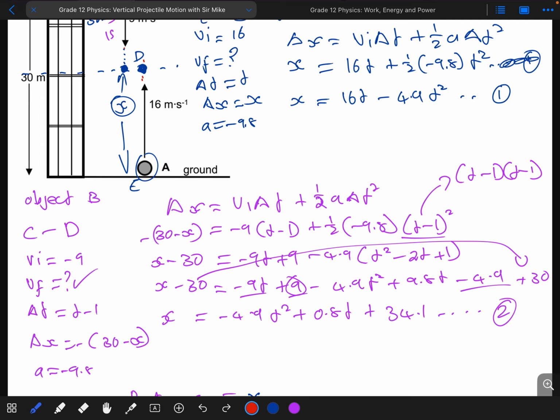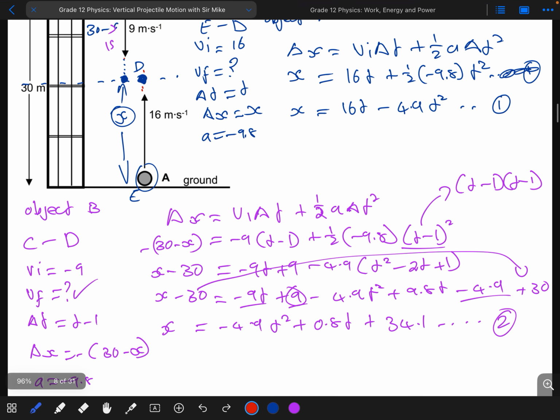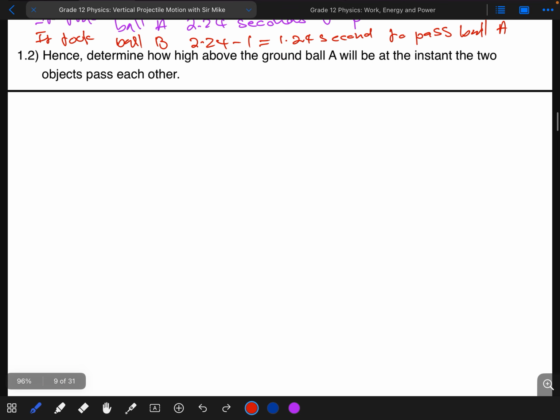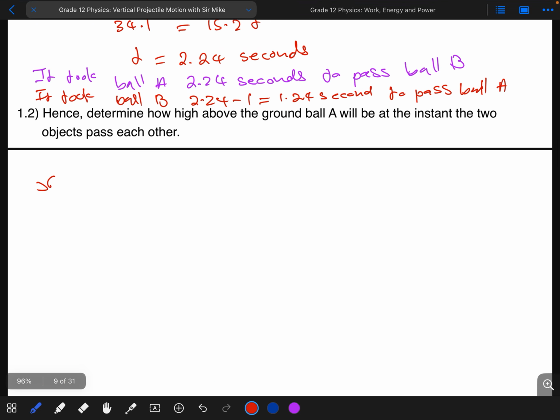Remember that I already know the value of t. So I'm going to use the first equation: x equals 16t minus 4.9t squared.